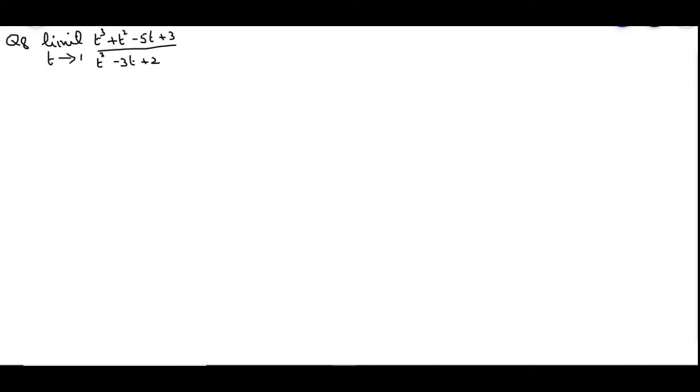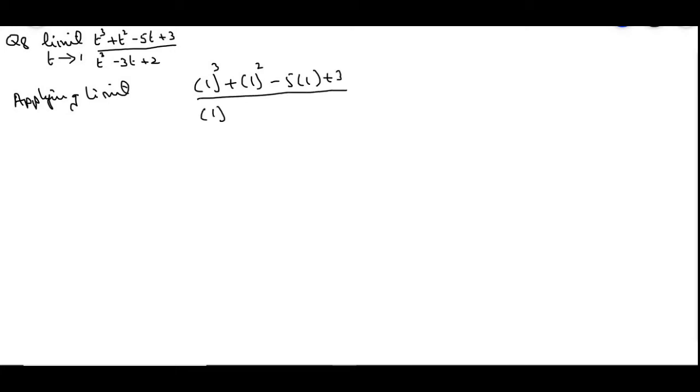Now first of all we are going to apply the limit to see the existence of the limit. Therefore, on applying limit, we get 1 whole cube plus 1 square minus 5 times 1 plus 3 whole divided by 1 whole cube minus 3 times 1 plus 2.